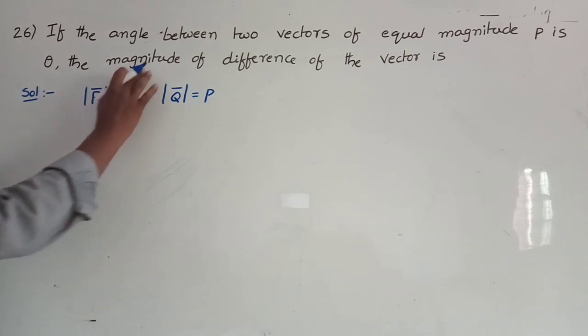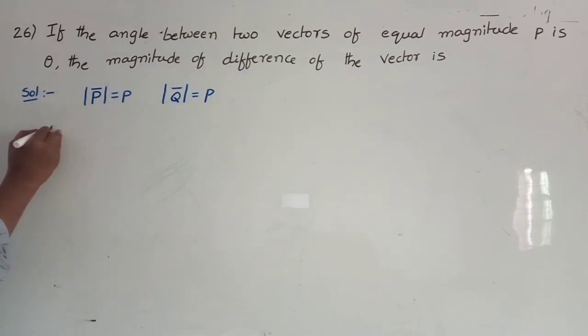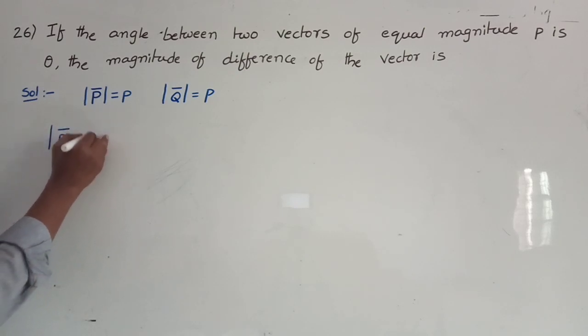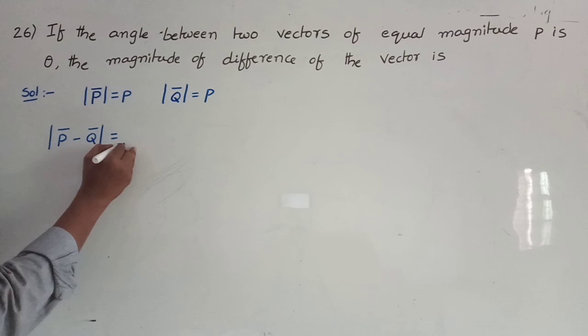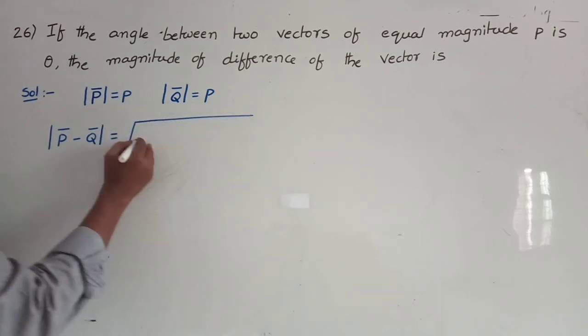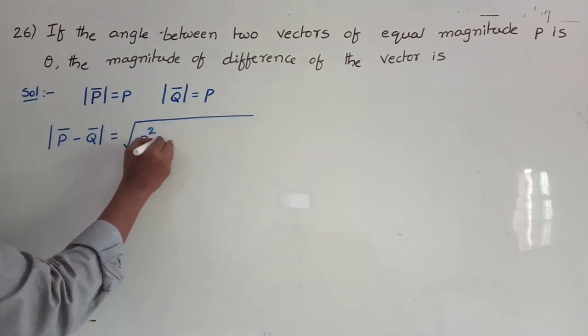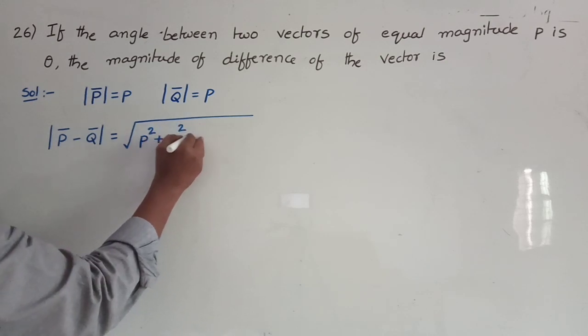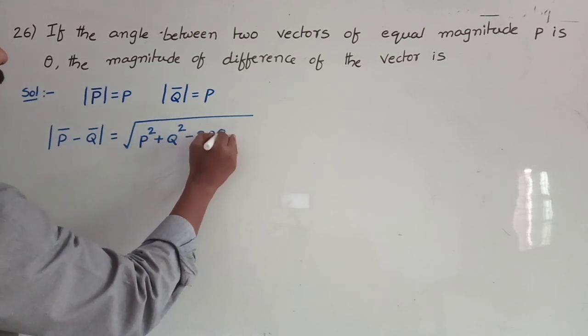What we have to calculate? Magnitude of the difference of vectors. Magnitude of P bar minus Q bar is equal to the square root of P square plus Q square minus 2PQ cos theta.